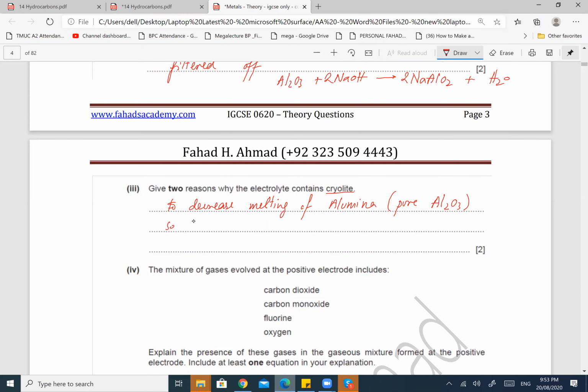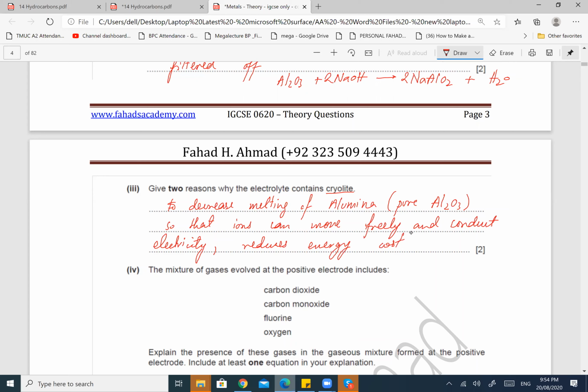So that ions can move freely and conduct electricity. The negative ions go to the anode and the positive ions get attracted, so they can move around. So they move freely and conduct electricity. And the other one is it also reduces energy cost, makes the whole process economical.